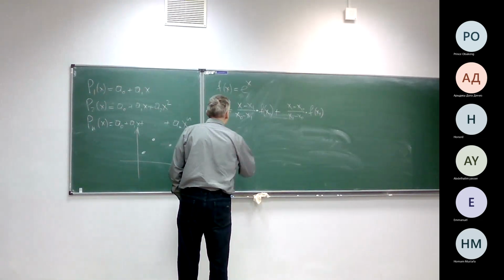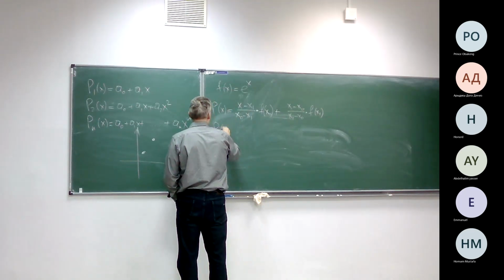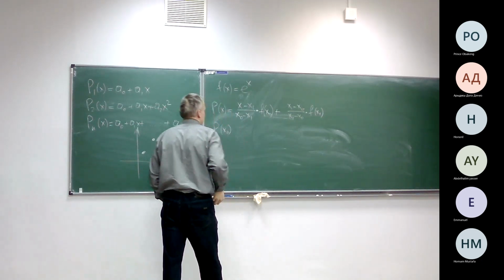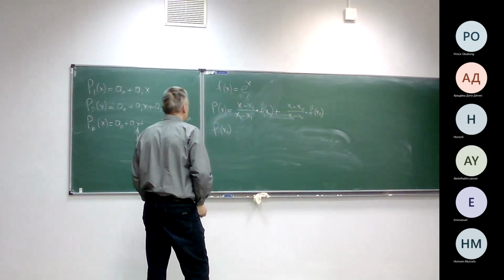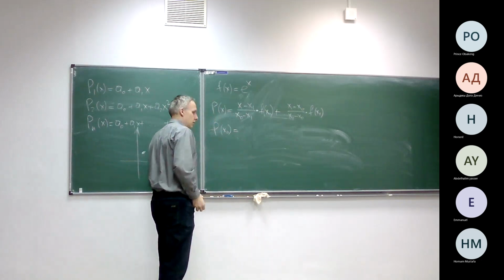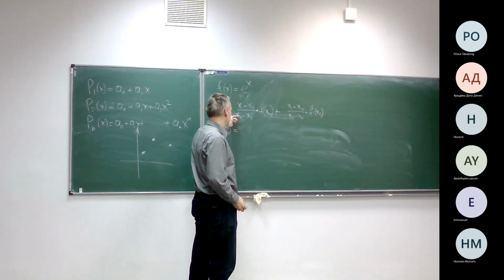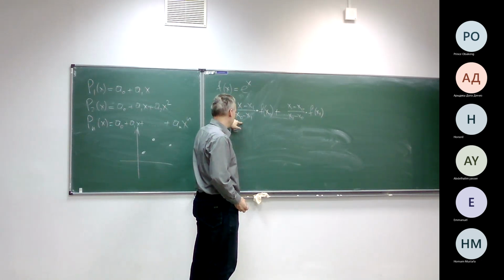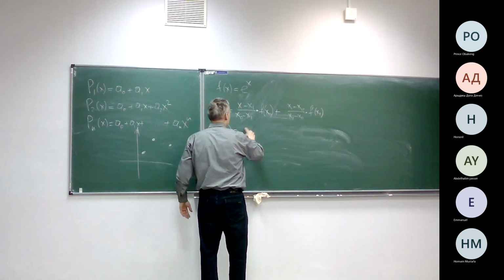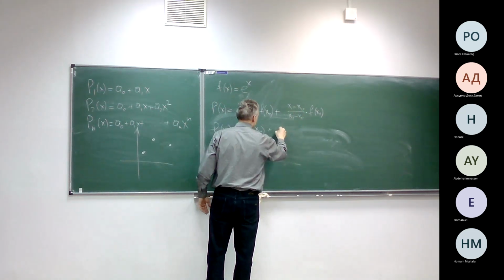Let's substitute the point x0 here and try to compute p of x0. What will we get? If I substitute x0 here, I get 1. It will be f of x0 plus 0.